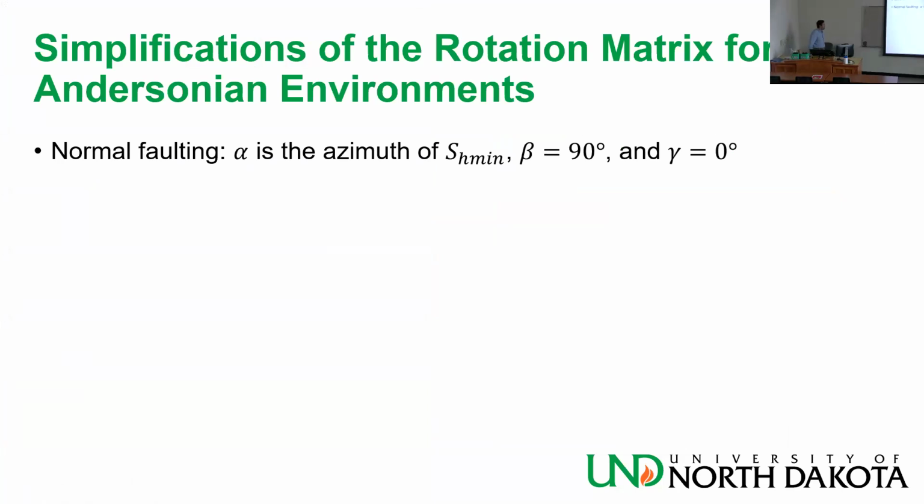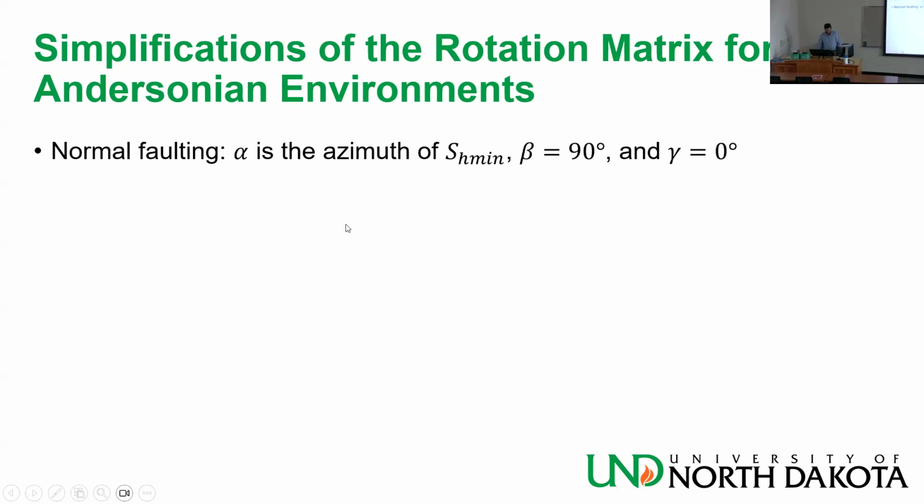For the normal faulting stress state, alpha would be the azimuth of SH min, the angle of SH min from north. Beta would be 90. Why is beta 90? Because SV is completely vertical, and gamma would, as a result, be 0.